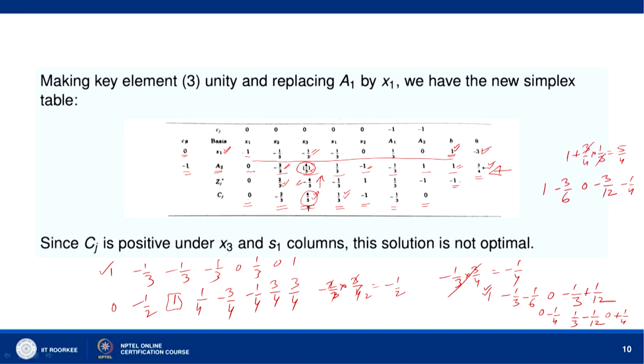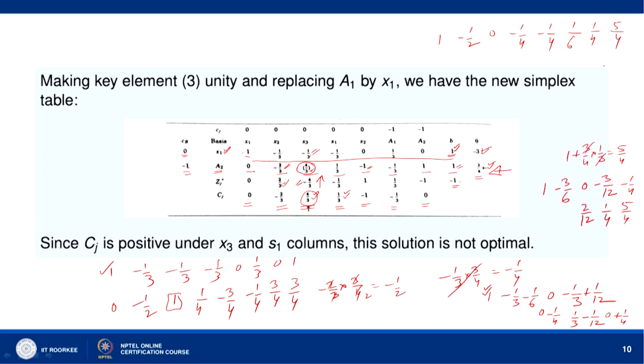Here we get this is how much? 3 by 12 minus 1 by 12. So, 2 by 12, and then we get 1 by 4, and then we get 5 by 4. So, what we get? 1, minus 1 by 2, 0, minus 1 by 4, minus 1 by 4, then 1 by 6, then 1 by 4, then 5 by 4. Okay, so this is what we get.